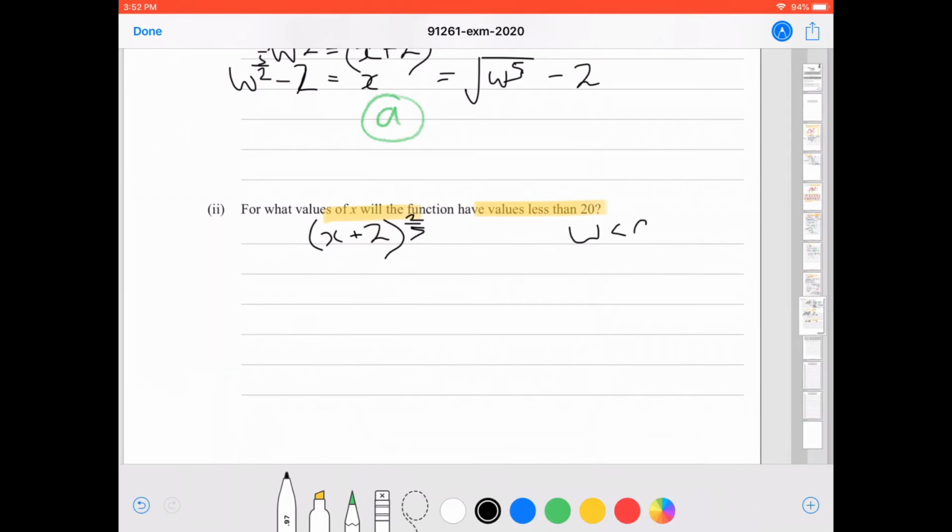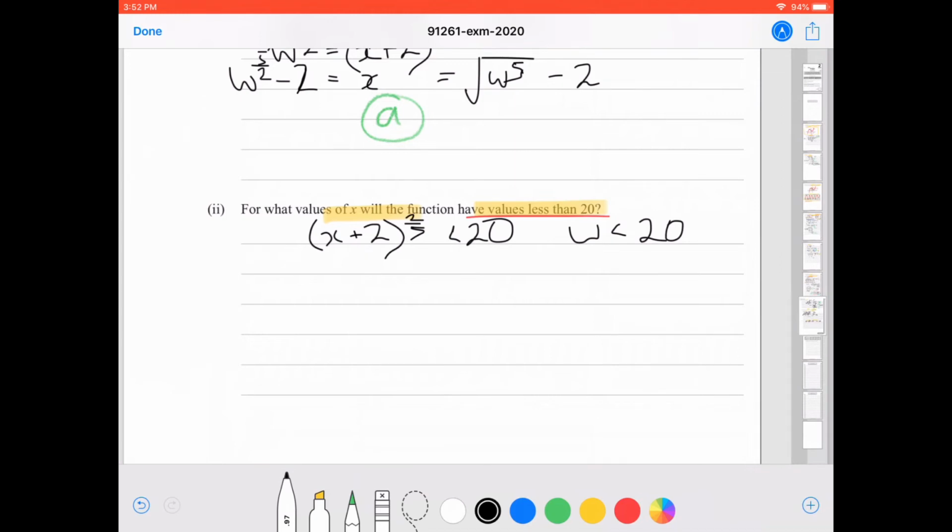It doesn't explicitly state that relationship between w and this idea of the function having values less than 20, but that is what we are going to do. We're going to say x plus 2, all raised to the power of 2 over 5, is less than 20. Okay, and so here we are solving for x.